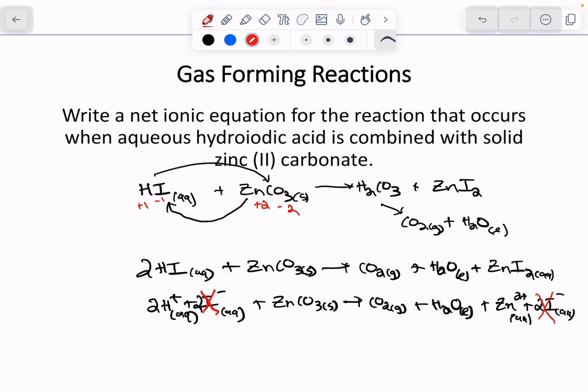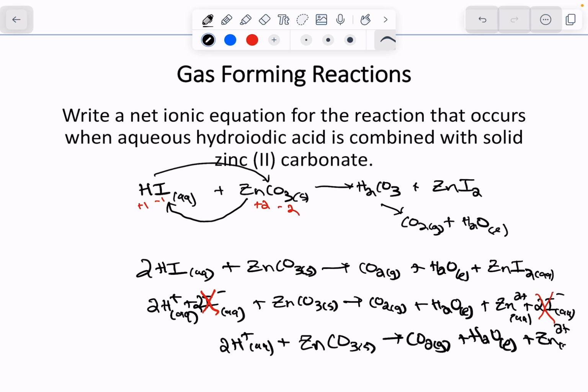You can't do anything with the 2H plus or anything else, so your net ionic is going to be 2H plus aqueous plus ZnCO3 solid, and that H plus is basically going to displace the zinc to form our CO2 gas plus H2O liquid plus Zn2 plus aqueous. And so that is the net ionic equation, and that is an example of a gas forming reaction.